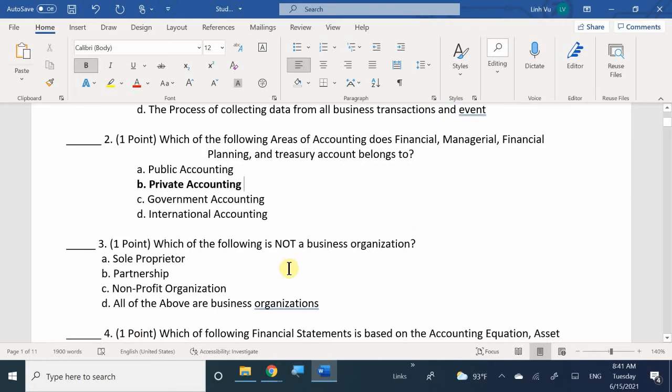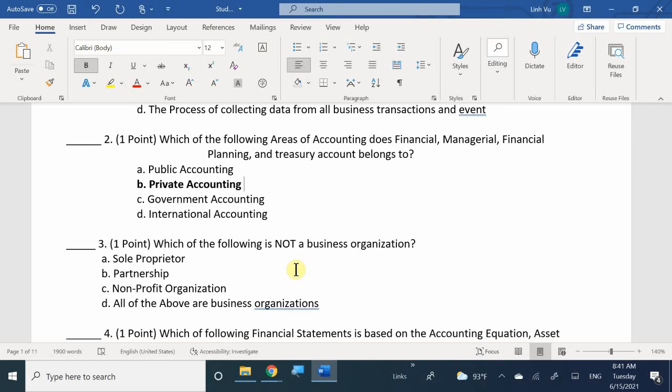Number 3, which of the following is not a business organization? Going to be D. D, all of the above are business organizations. Yes, right?